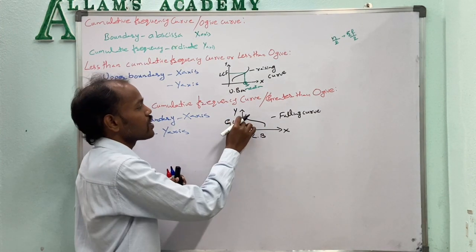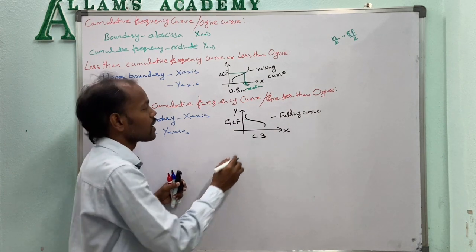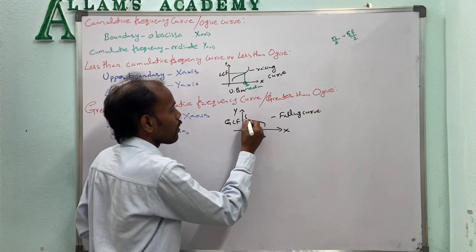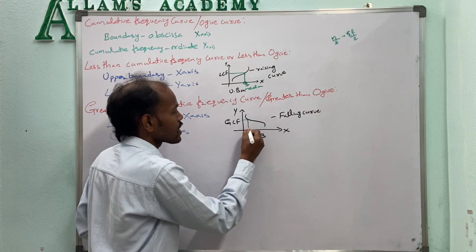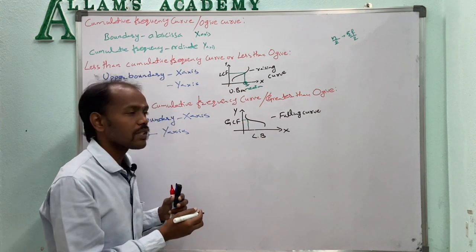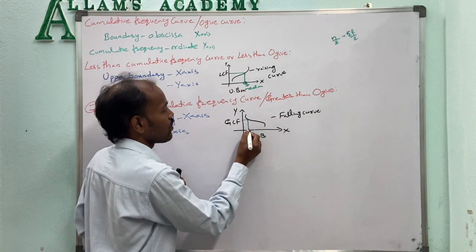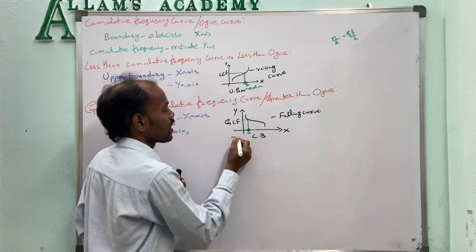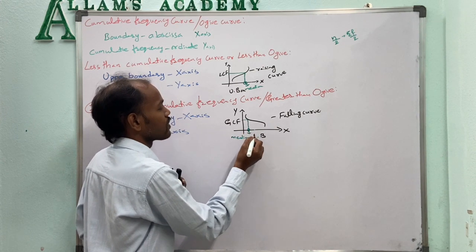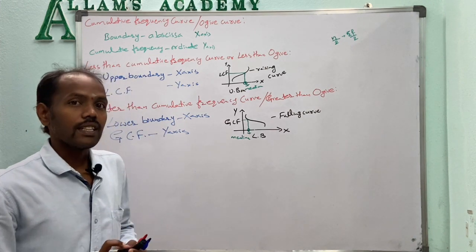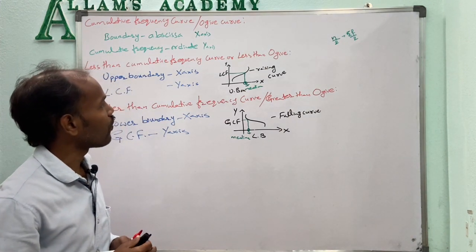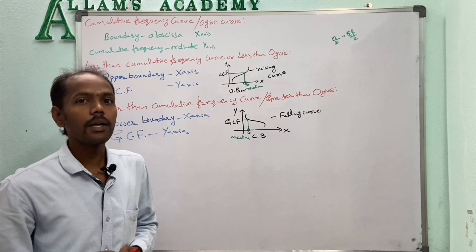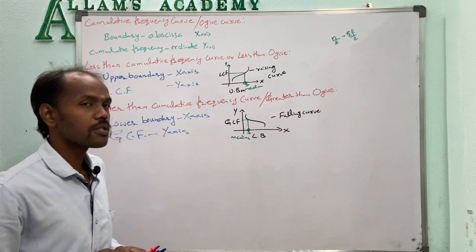From that point draw a perpendicular line to the x-axis. The point where it touches the x-axis gives the median of the data. So in this method we find the median without using the formula.